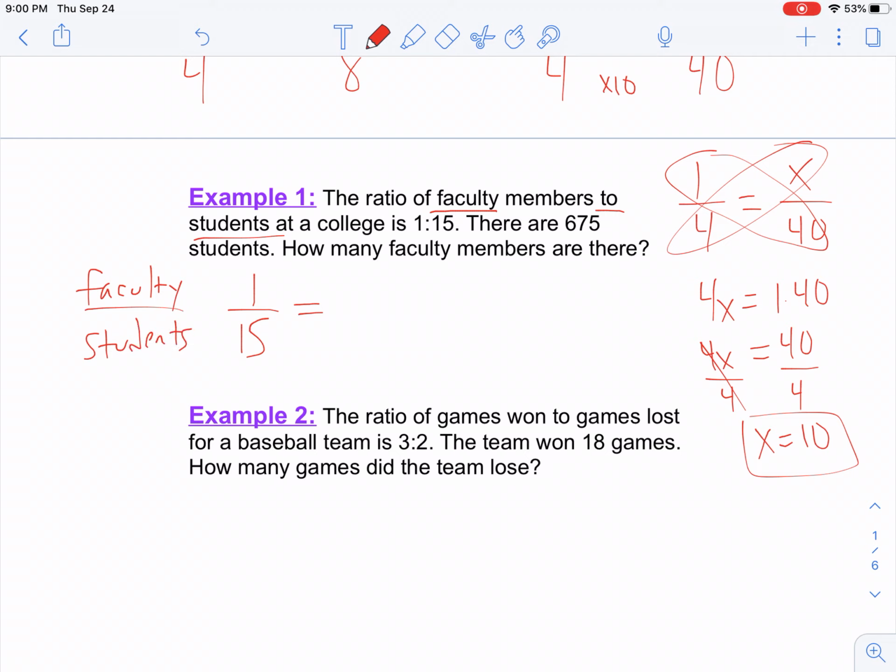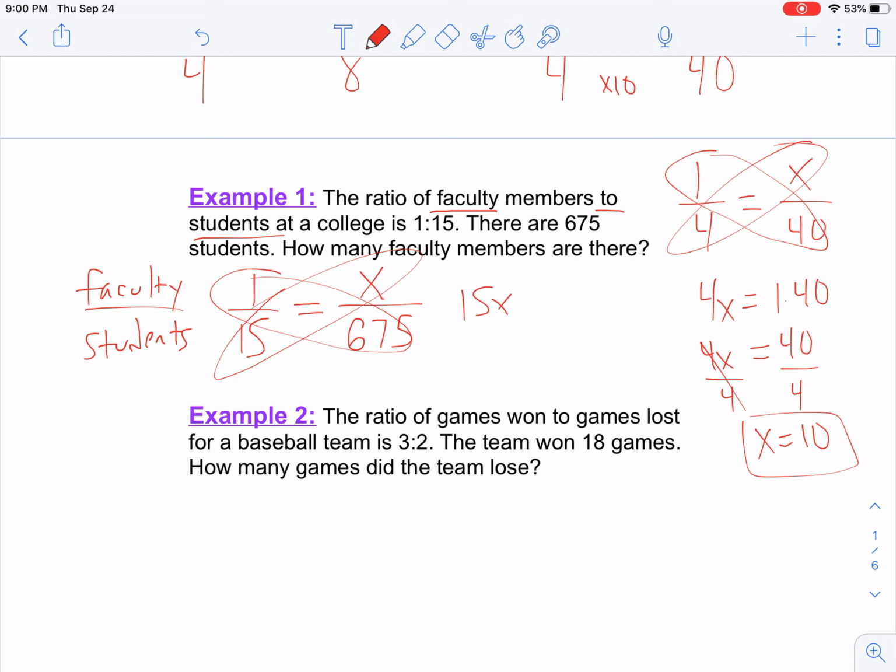So if there are 675 students, you have to put the 675 in the bottom, because the bottom is where the students are represented. The top is where the faculty is represented. So how many faculty are there? Call that x. And then you would cross multiply and solve.